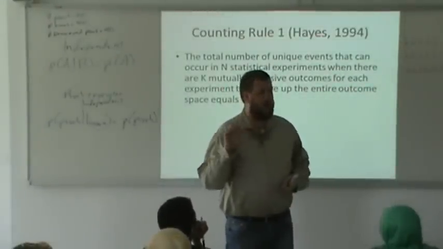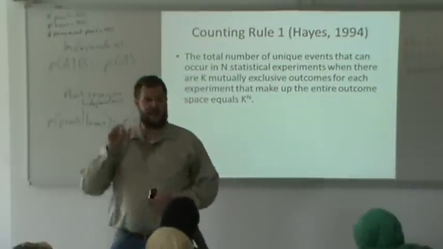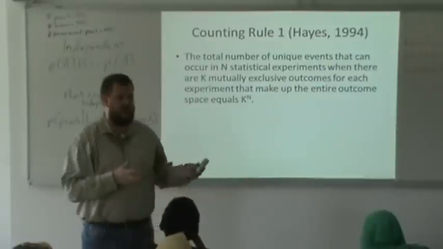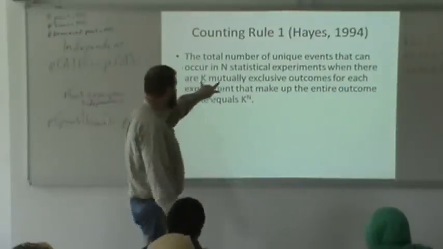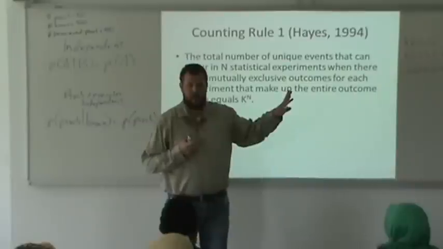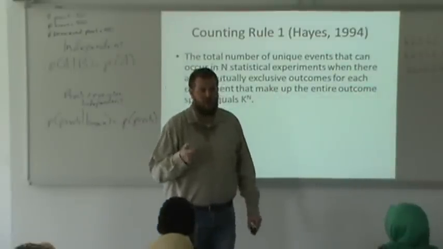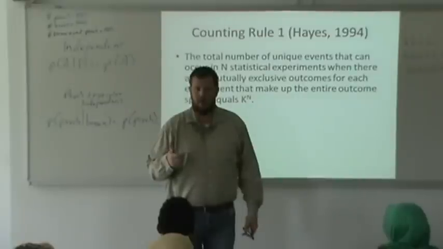Remember when I talked about R and how it's sometimes nice to refer to numbers with a letter or a variable name? K is just the number of different mutually exclusive outcomes that could occur. When we're flipping a coin, what does K equal? 2.